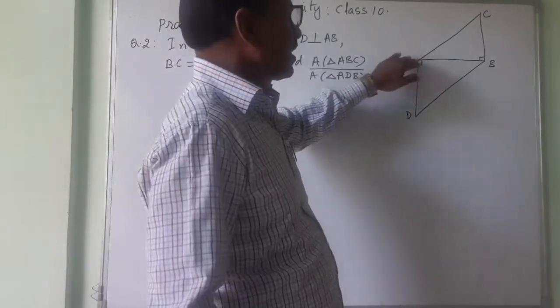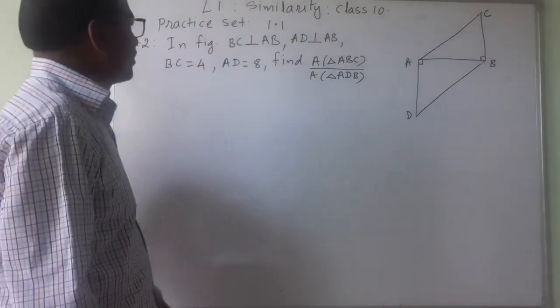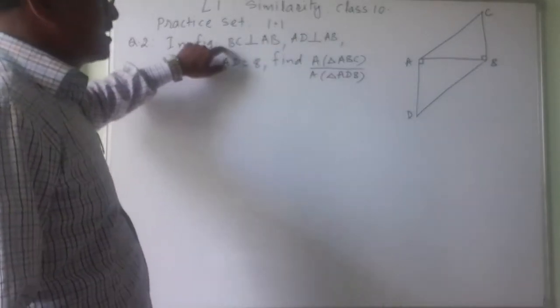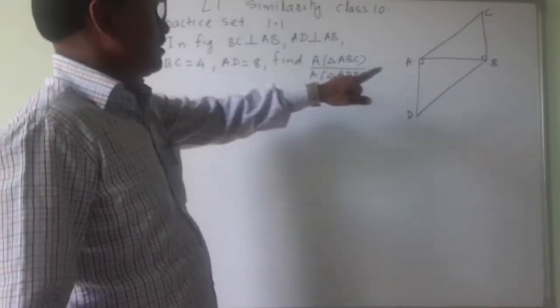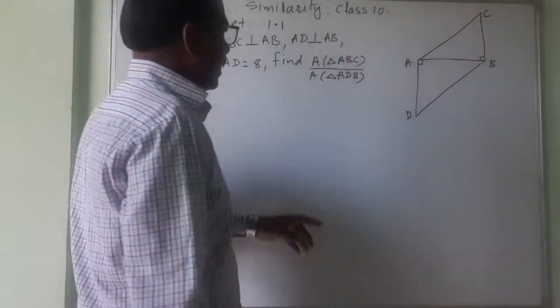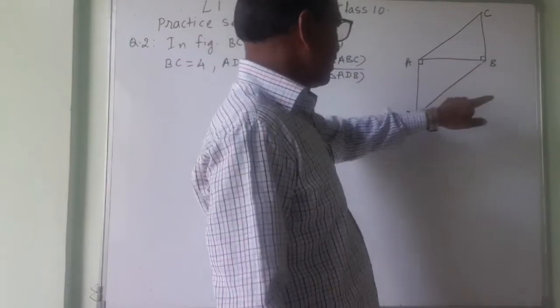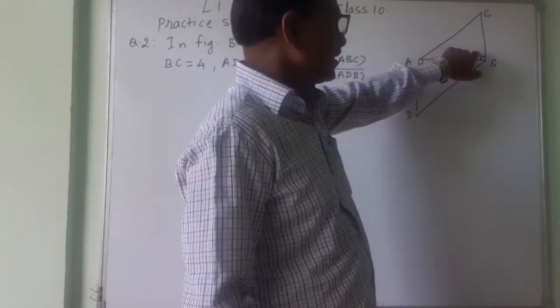these are the two triangles ABC and ABD. In that, what is given? BC perpendicular AB and AD perpendicular AB. Means this is 90 degrees and this is 90 degrees.